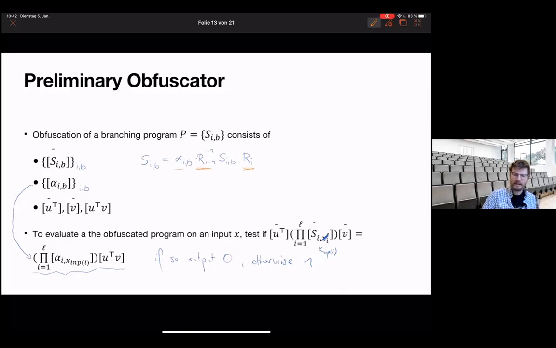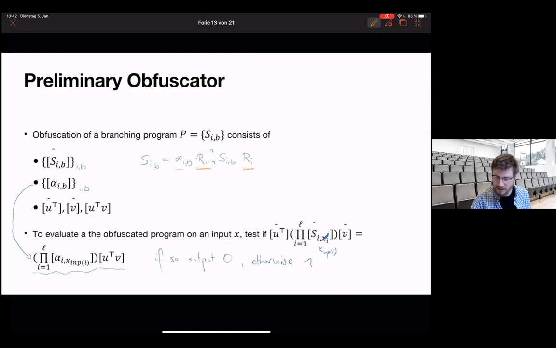Okay. This is the preliminary obfuscator, which in fact provably already prevents these partial evaluation attacks, but it doesn't have any safeguard yet against these input mixing attacks, right?